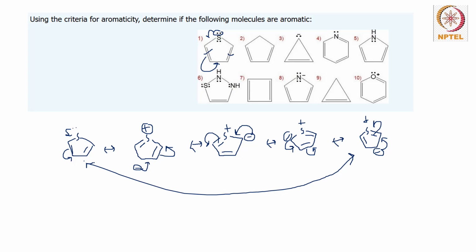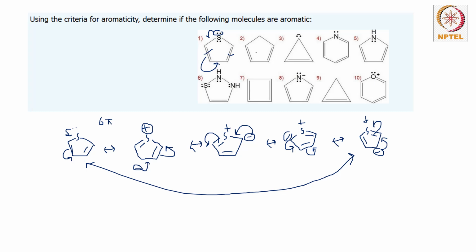So that's why the lone pair electrons are fully conjugated and the number of pi electrons is 4 plus 2, so it satisfies the 4n plus 2 rule, and its number of pi electrons is 6. So this is aromatic.